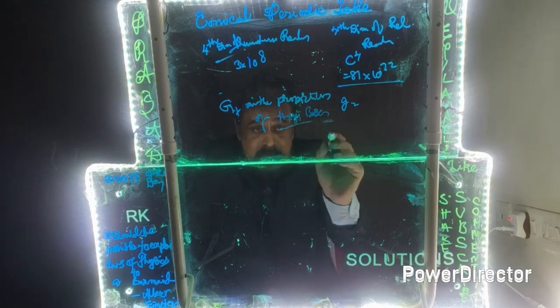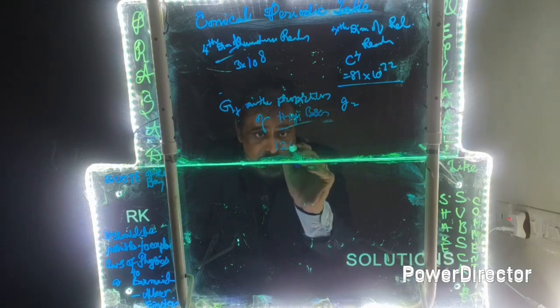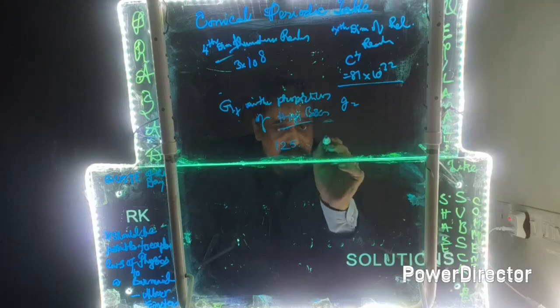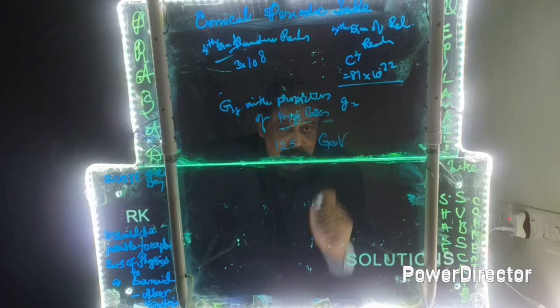What is Higgs boson? 125 point something giga electron volt.